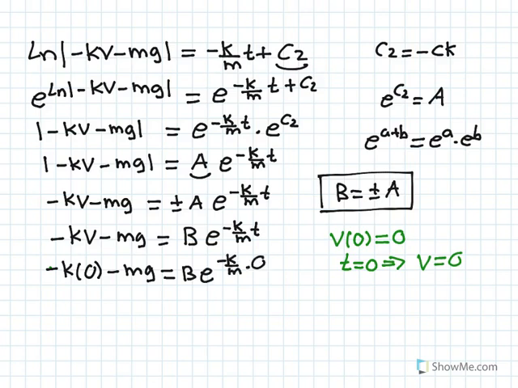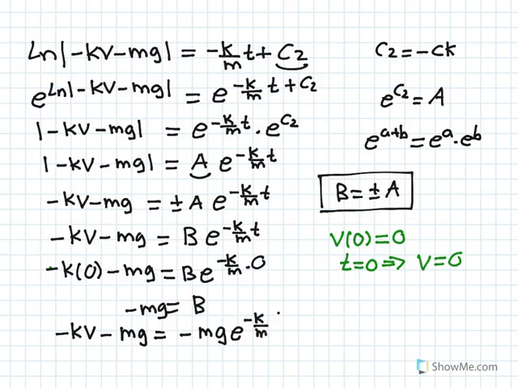Well, e to the 0 is just 1, so we get b is equal to minus mg. So basically we have minus kv minus mg is equal to minus mg e to the minus k over m times t.